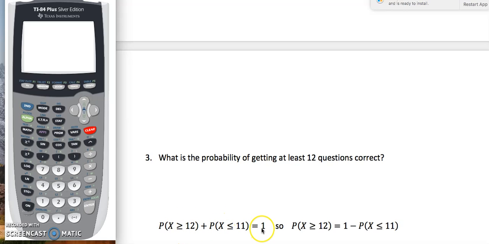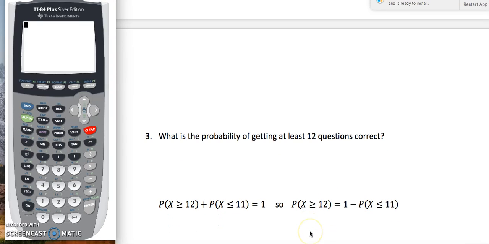If we add those up, we should get 1. So if I use arithmetic and I move this over and I solve, the calculator will calculate this one for me because this is from 0 up to 11. So that's what we're going to go ahead and do to calculate this greater than or equal to.